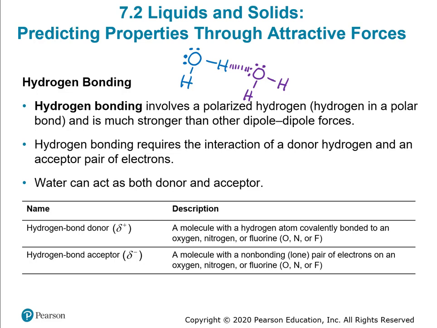This is even stronger. You're really not going to see it in living things with fluorine, because there's not a lot of fluorine in your body. But you're going to see this if there's a nitrogen or an oxygen and one of them has a hydrogen. So I can have something like this, it doesn't matter what everything else is, and then it can be a nitrogen over here.